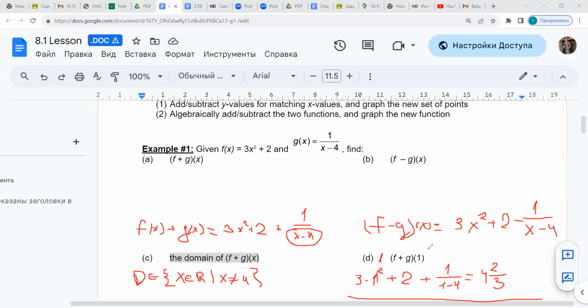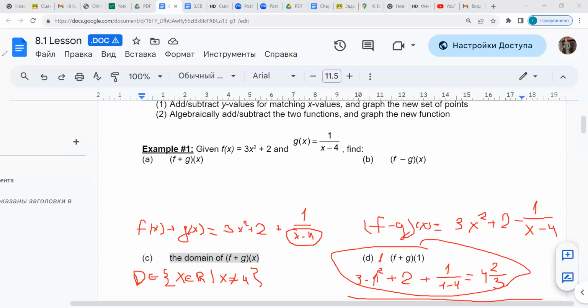Okay, so I believe everybody agrees there's going to be 4 and 2/3. Okay, I'm going to clear the desk now.